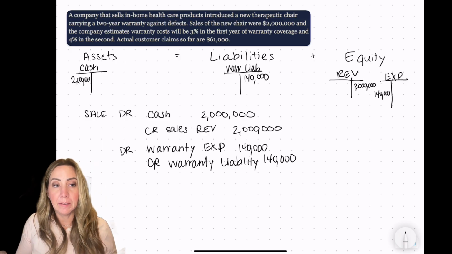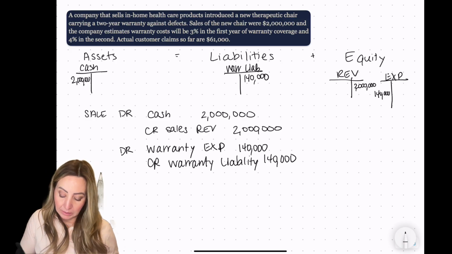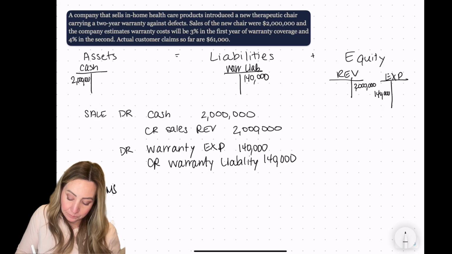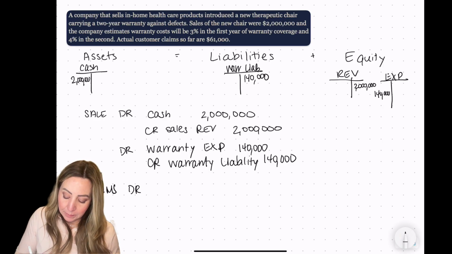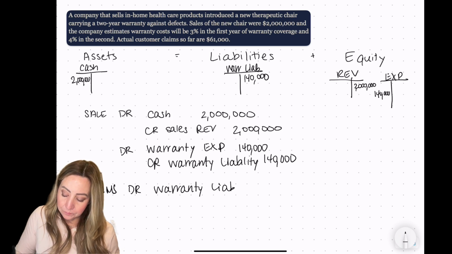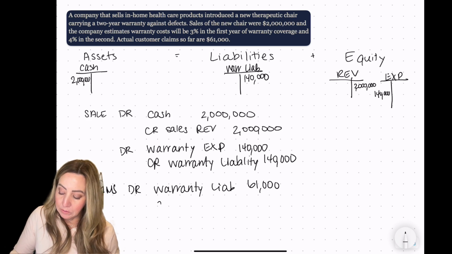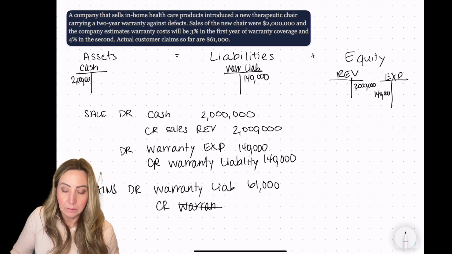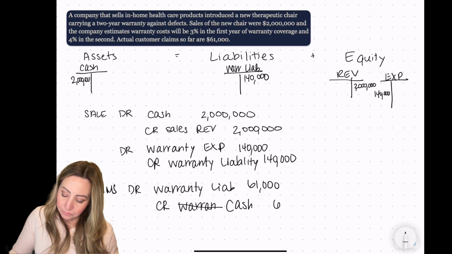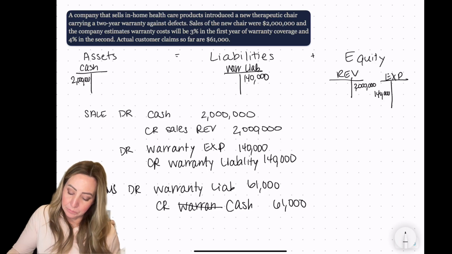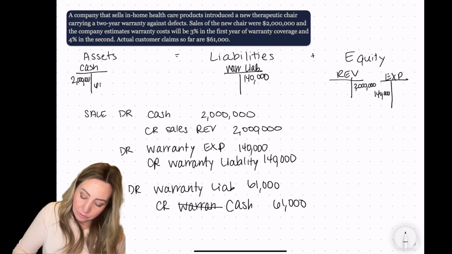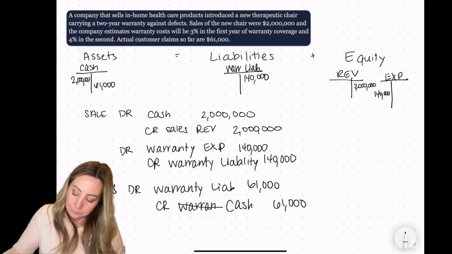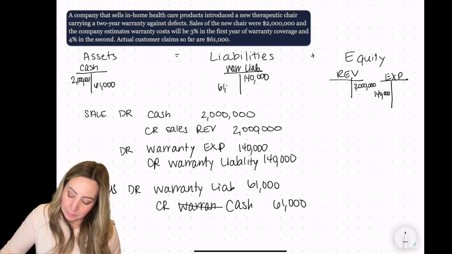Very good. And then finally, we'll record the customer claims that came in. So the claims, whatever period they happened in, we would debit warranty liability for $61,000 and credit cash for $61,000.